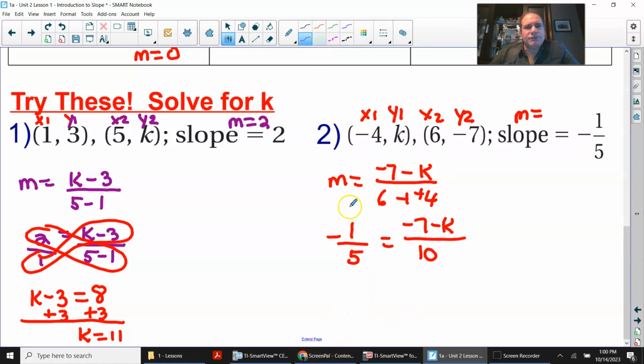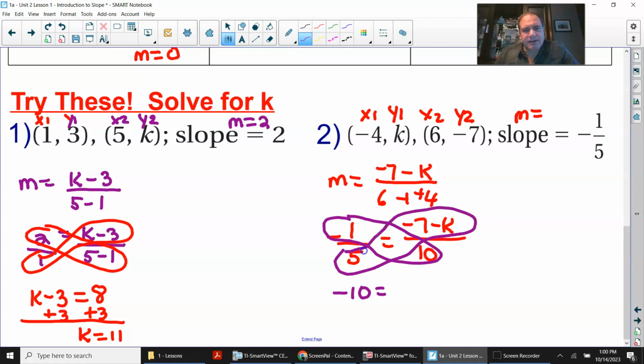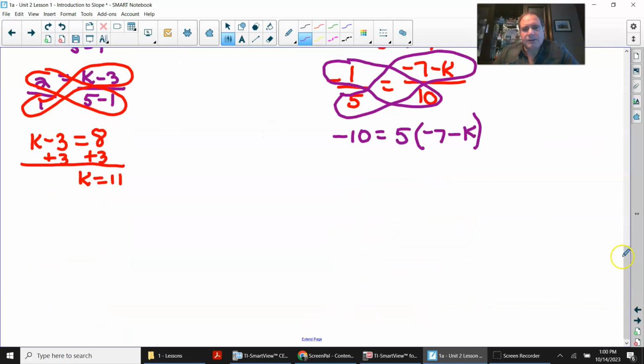Okay, and then we're going to use that butterfly method. -1 times 10 is -10. And then we're going to set this up 5 times -7 minus k. We're going to set it up like distributive property because it's 5 times the entire expression. So be careful with that. -10 equals, and we're going to do distributive property, which is 5 times -7 is -35, and 5 times -k is -5k.